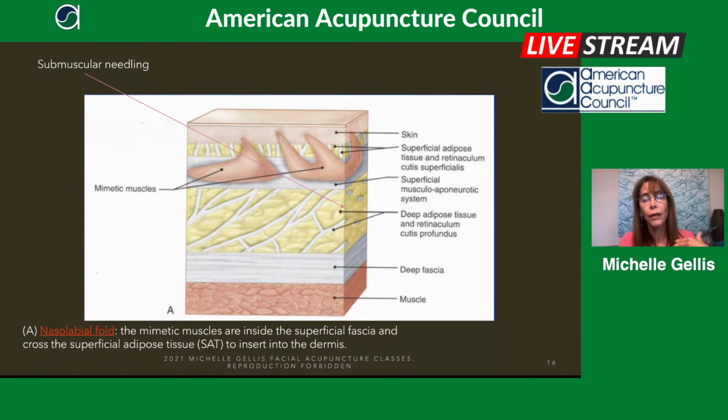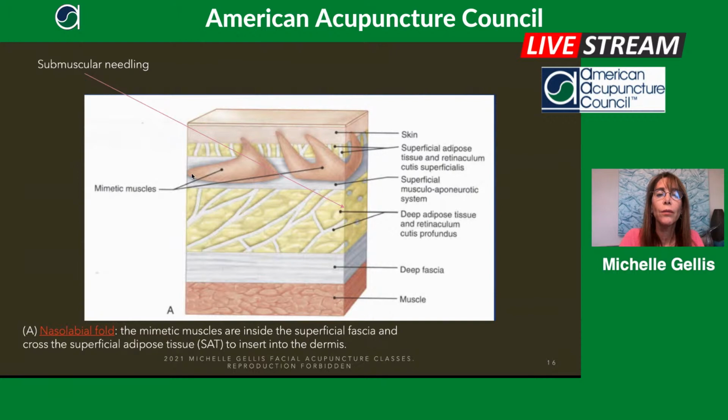I teach a whole class just on submuscular needling, and it involves taking your needles and getting underneath the muscle. So you're really getting underneath these mimetic muscles.